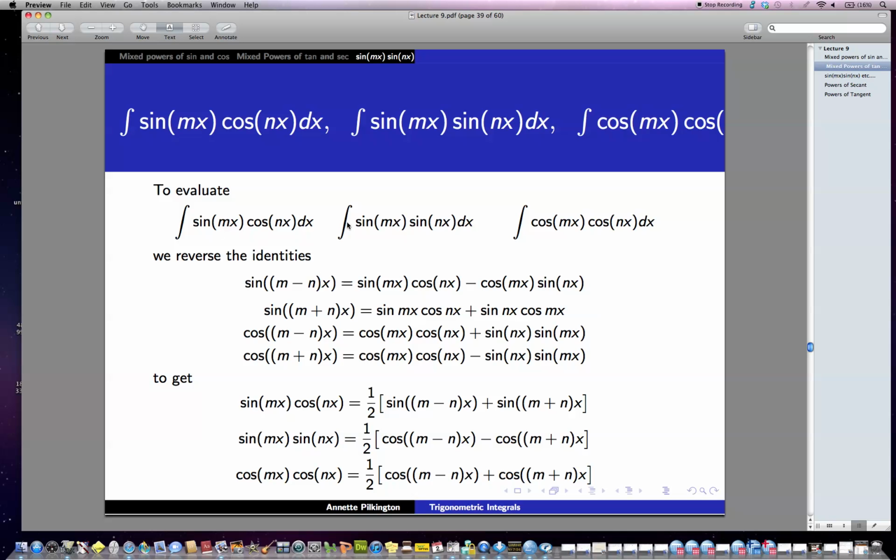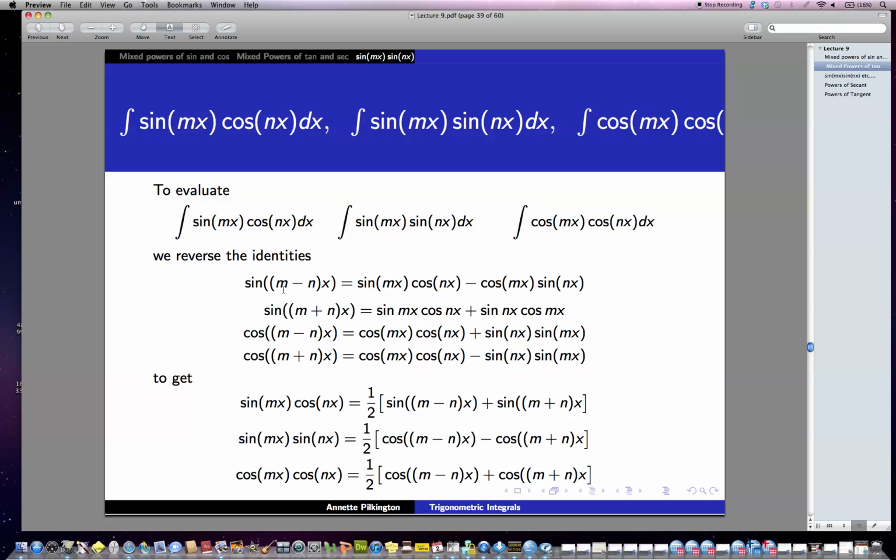Here's another possible combination of trig functions that you might have to integrate: sine mx times cosine nx. So there are no powers involved here. It's just sine applied to some multiple of x, and cosine applied to some multiple of x. Well, we can use our trig identities in reverse.